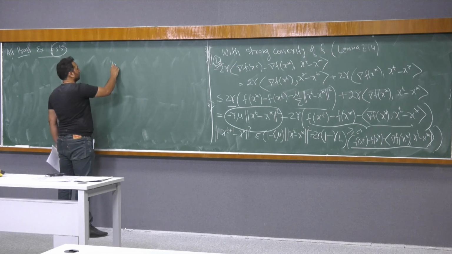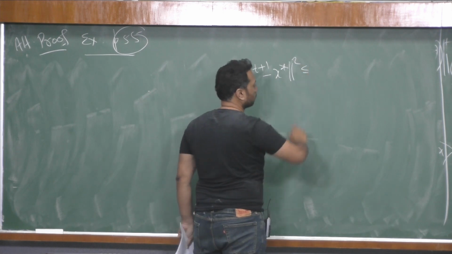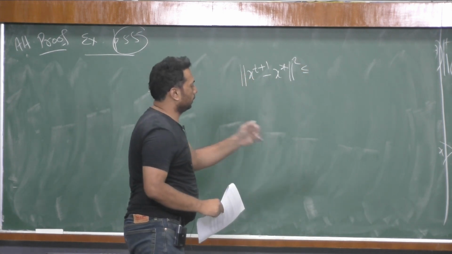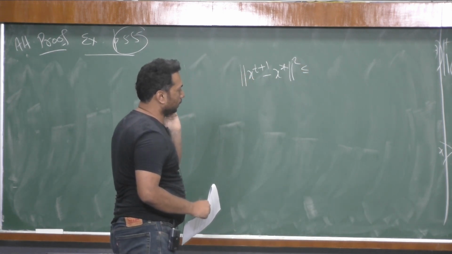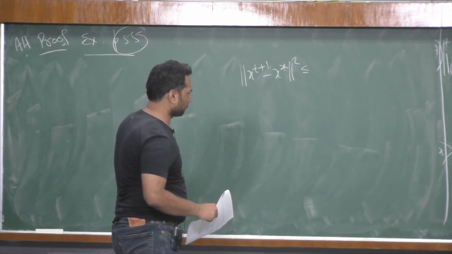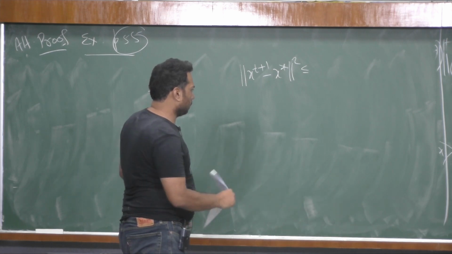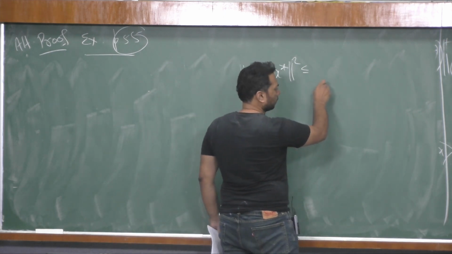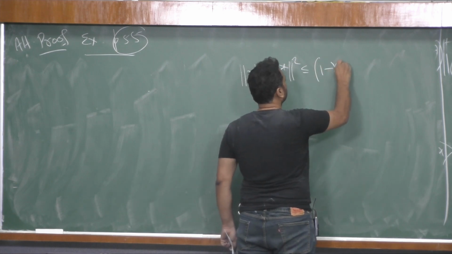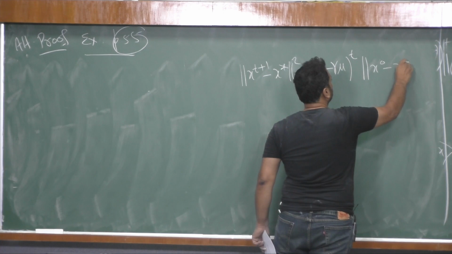This is xt plus 1 minus x star, which is less than or equal to, for t plus 1, I get one power, and then I will go up to x naught. So I will have 1 minus gamma mu to the t, and then x naught minus x star.